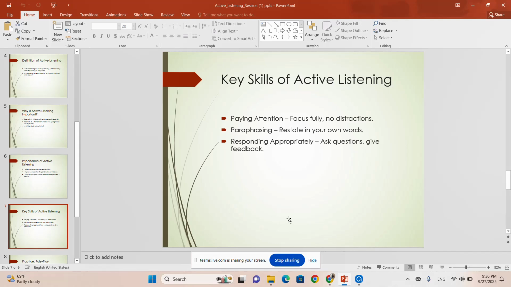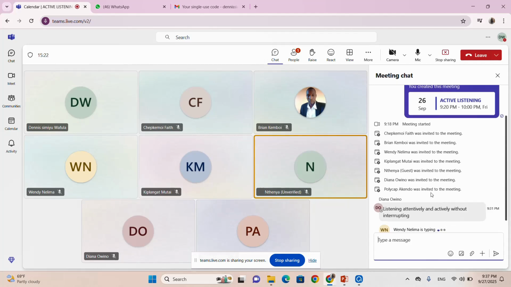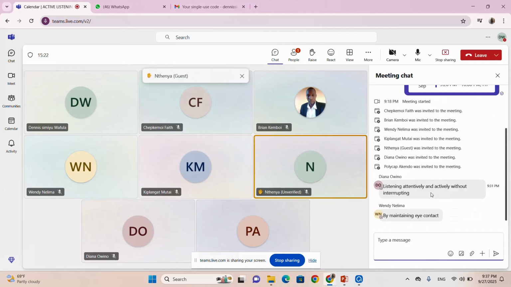Now, for you learners, I would like you to share, how will you show paying attention in real life? I would like you to use the chat to type the response, based on the skill that we have learned.